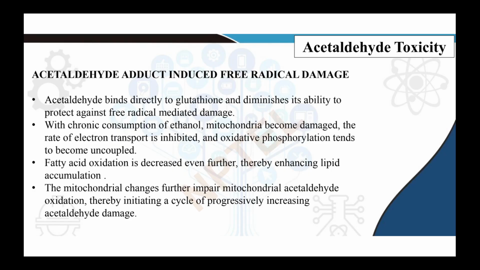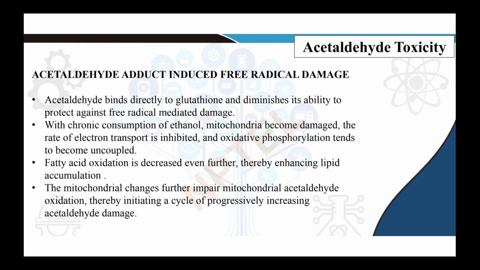Then fatty acid oxidation is decreased even further because NADH will keep on increasing, thereby enhancing lipid accumulation, which can lead to fatty liver, as we have seen earlier. Mitochondrial changes further impair mitochondrial acetaldehyde oxidation, thereby initiating a cycle of progressively increasing acetaldehyde damage.